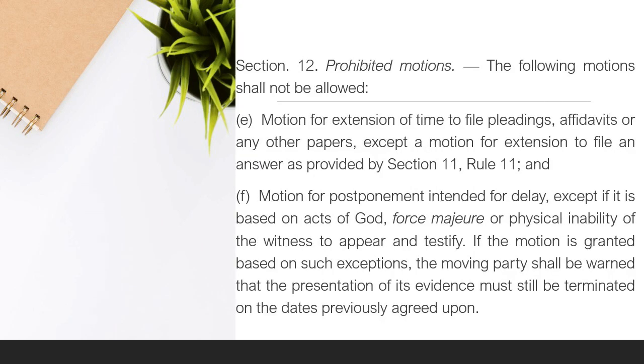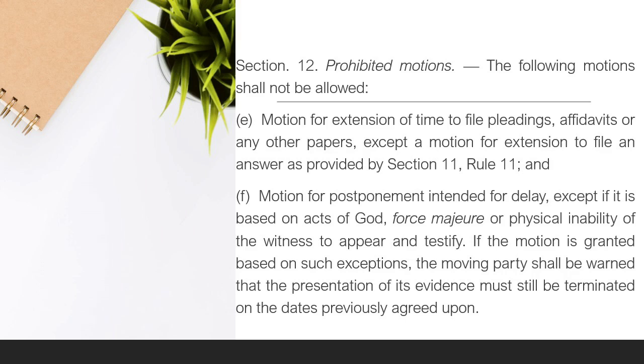E. Motion for extension of time to file pleadings, affidavits, or other papers, except a motion for extension to file an answer as provided by Section 11, Rule 11, and F. Motion for postponement intended for delay, except if it is based on acts of God, force majeure, or physical inability of the witness to appear and testify.